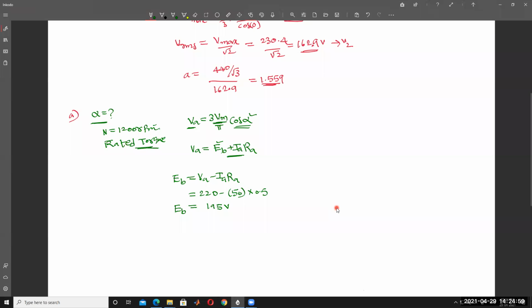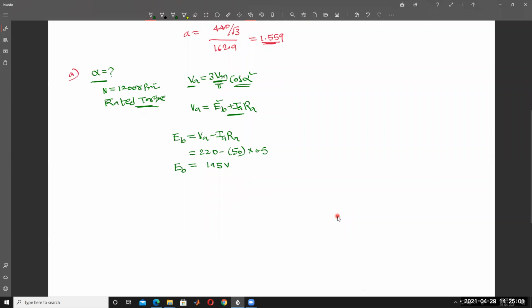Then the actual back EMF EB2 with respect to 1200 RPM.